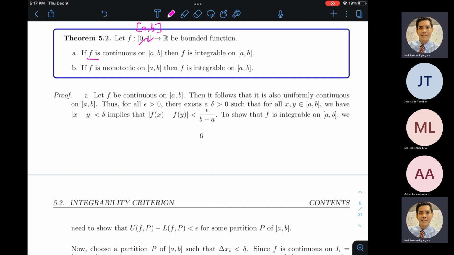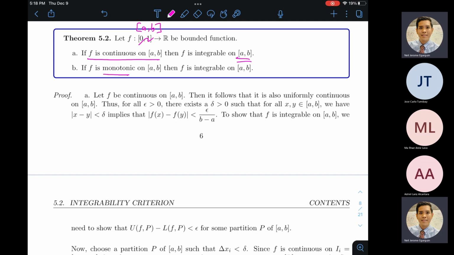Una, kapag ka si f ay continuous sa AB, so dalawang property yon, boundedness and continuity on the closed interval implies Riemann integrability. Then another sufficient condition is boundedness plus monotonicity.